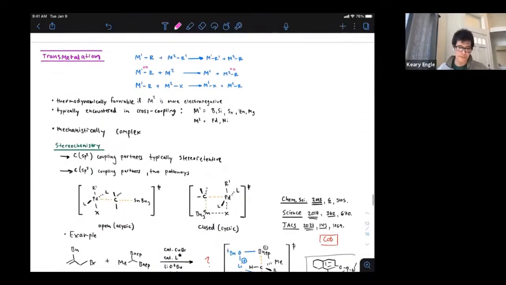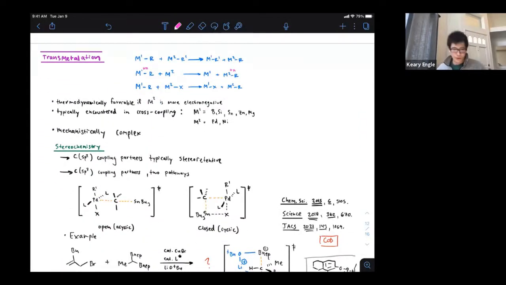Okay, let's now continue charging forward to talk about our last elementary step that we'll focus on before concluding this part of the class, but we'll continue to come back to these and provide more in-depth discussion as we see more real-world examples. So transmetallation is a critical elementary step for one of the most widely used organometallic reactions around the world, which is cross couplings.